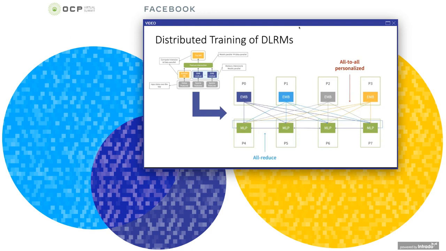At the same time, the nodes processing the embeddings need to have an all-to-all communication to take their partial outputs, or the lookups from their local embeddings, and communicate them to the sub batches on the other nodes. So this becomes a fairly complex articulation of the training model.